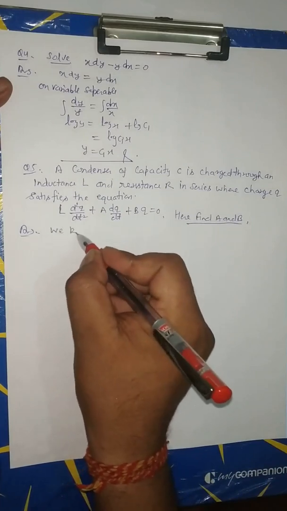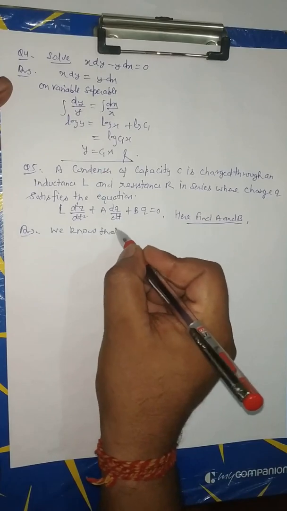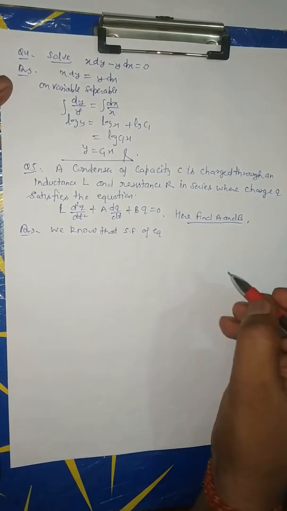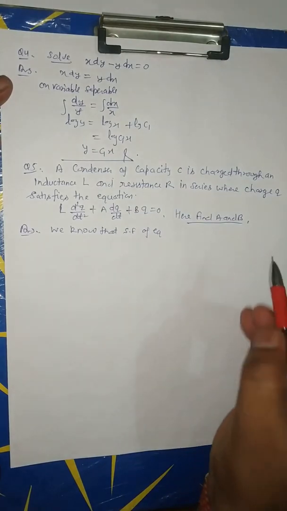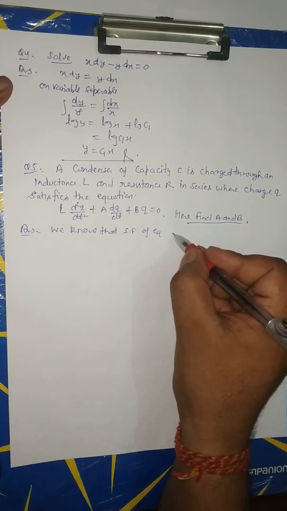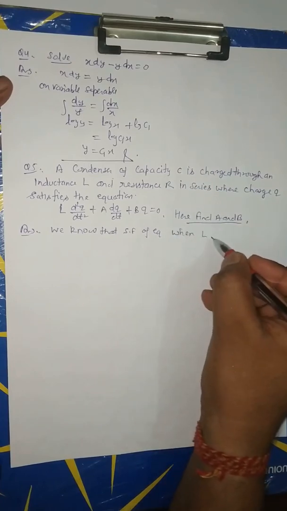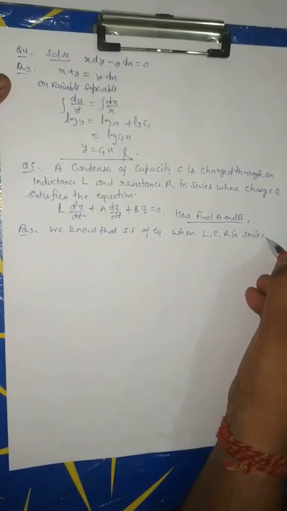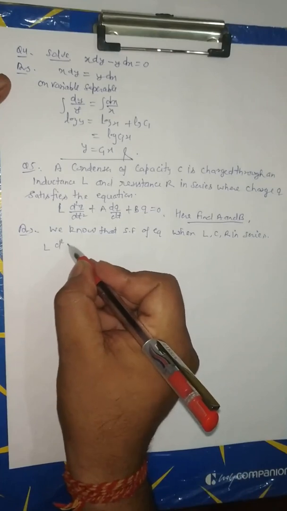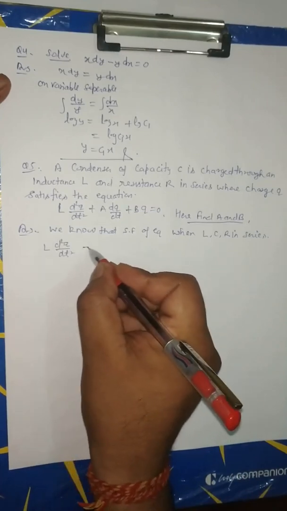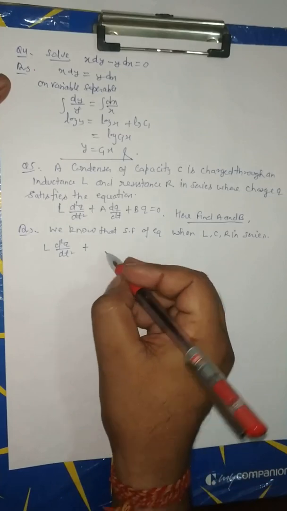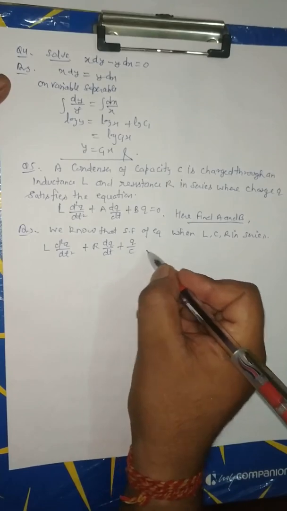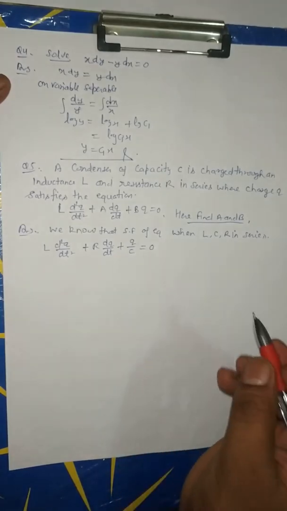We know the standard form of the equation when LCR is in series: L d2q upon dt2 plus R dq upon dt plus q upon C equal to 0.